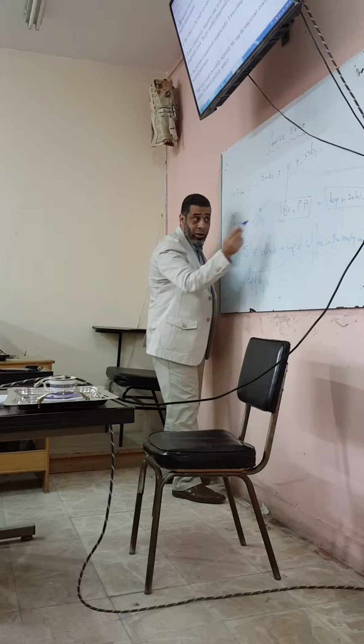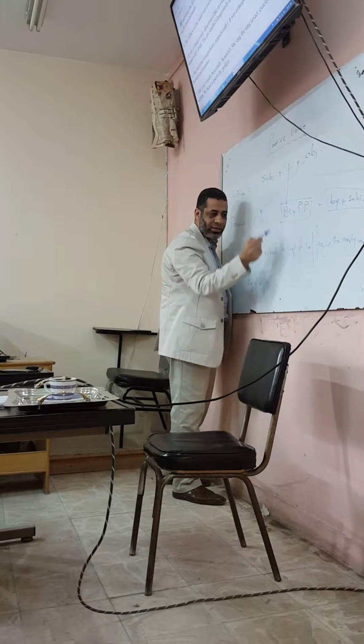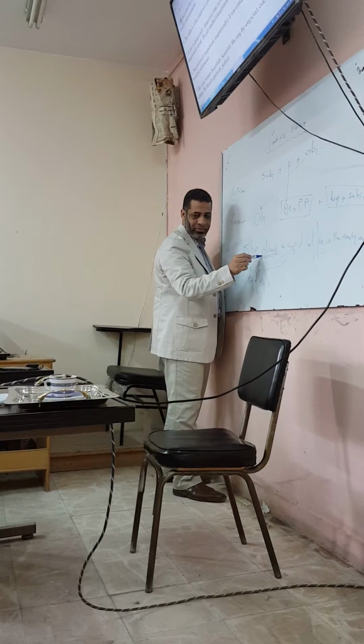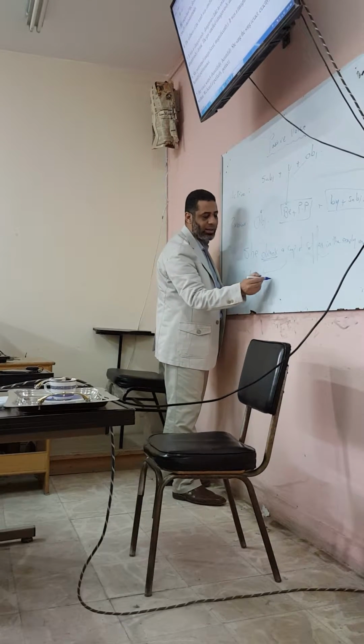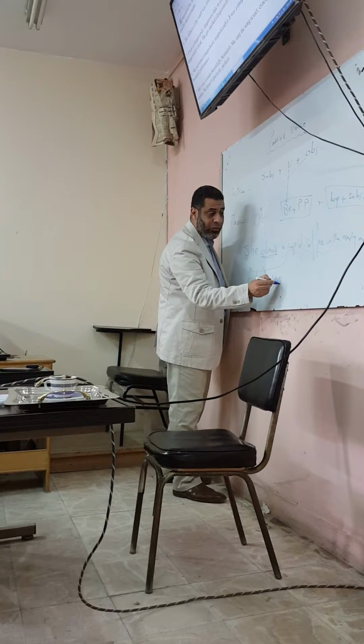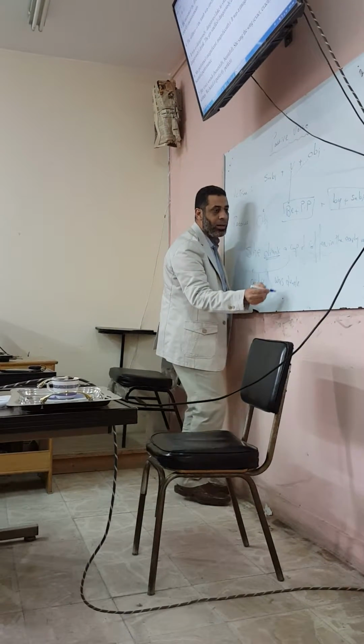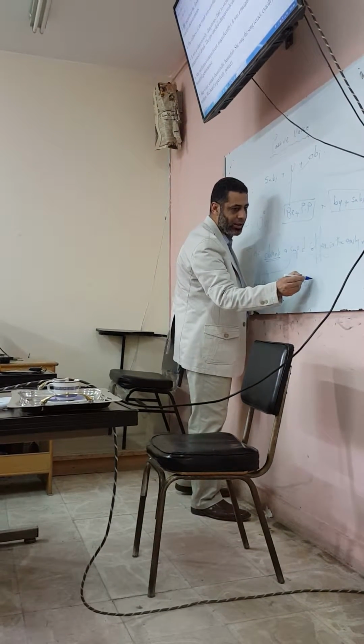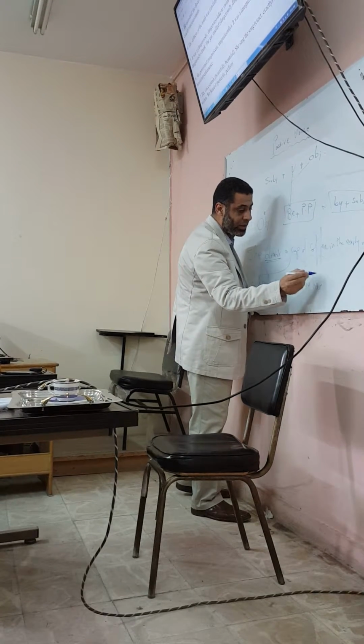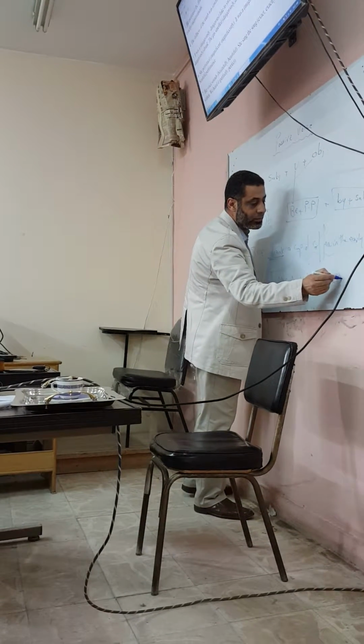Was. Verb to be in the same tense. What is the tense here? So, was. A cup of coffee was drunk by, very good, by her, in the early morning.